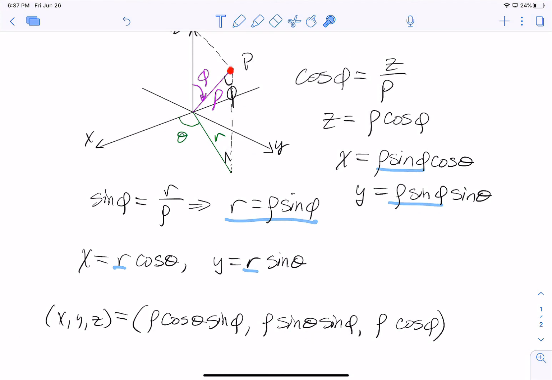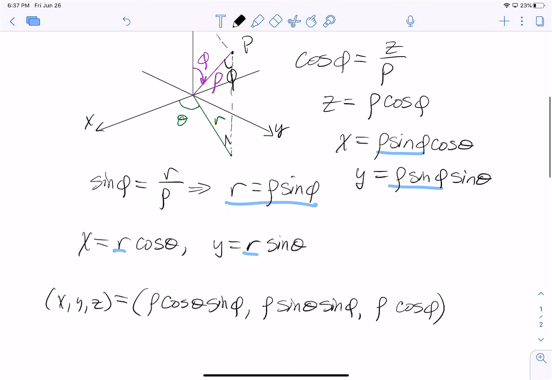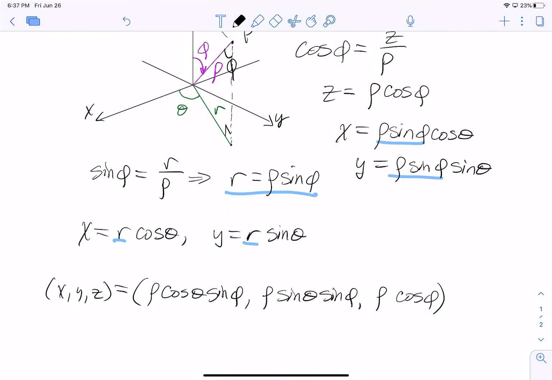Now, because rho is a distance, I have a label here that I think may be confusing. P here is the point P in space, right? Rho is the distance from the origin. Now, because rho is the distance from the origin, we have that x squared plus y squared plus z squared is equal to rho squared.